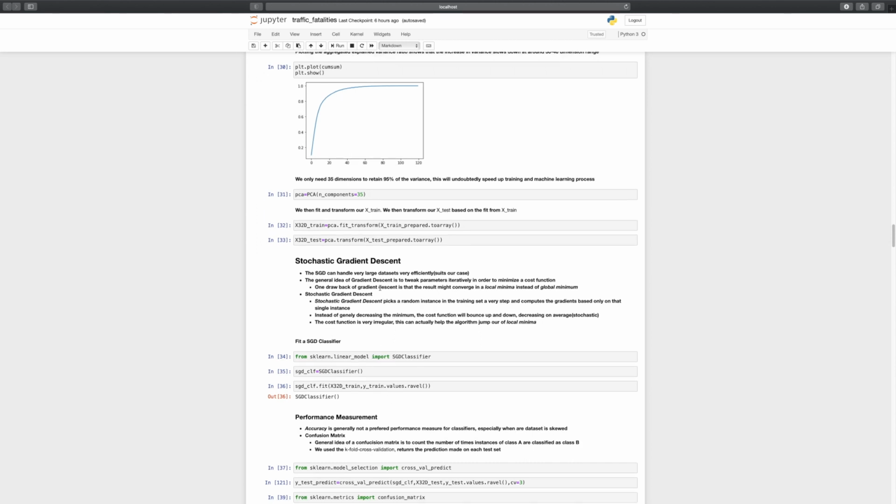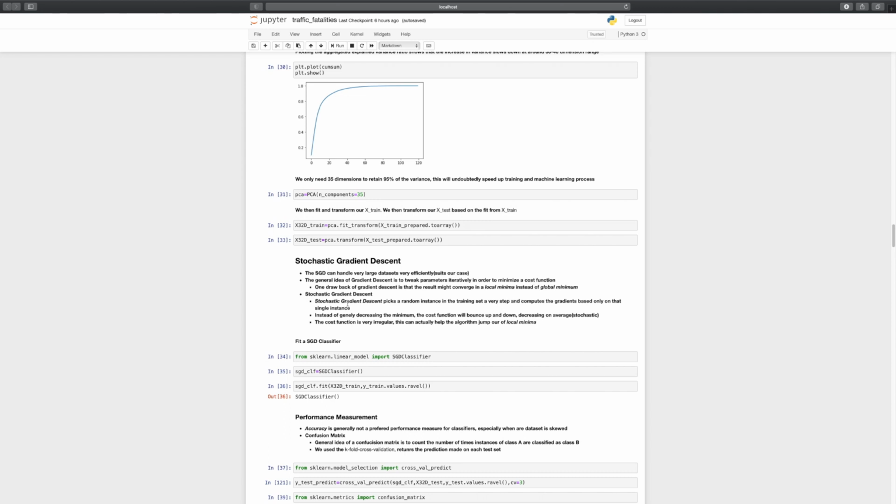The first one I chose is a pretty efficient one. It's the stochastic gradient descent. The general idea behind gradient descent is to tweak the parameters of the cost function until it converges to a minimum. But one of the drawbacks of general gradient descent is that it might only converge to a local minimum instead of a global minimum.